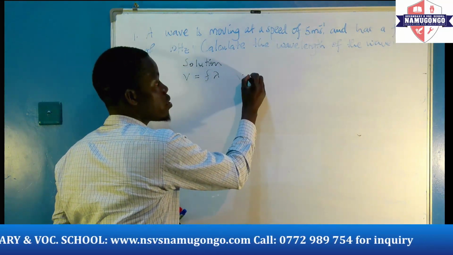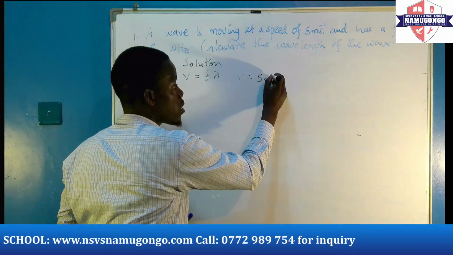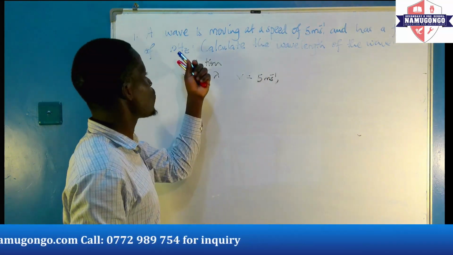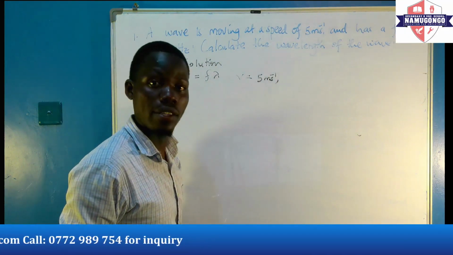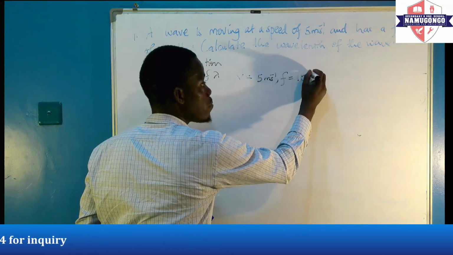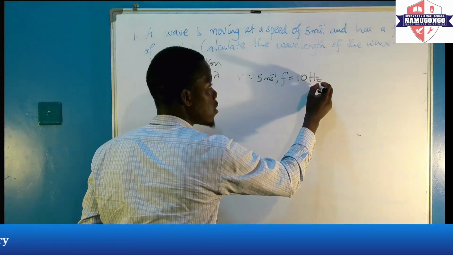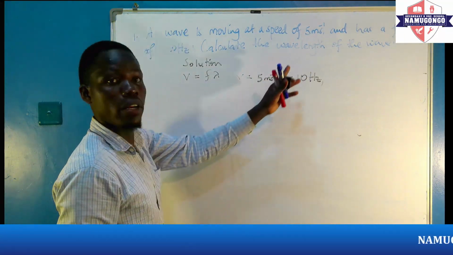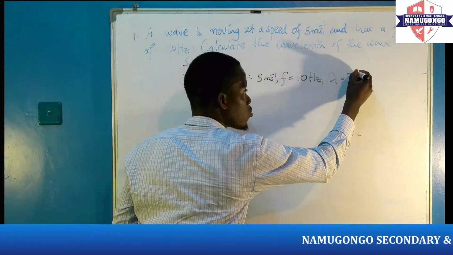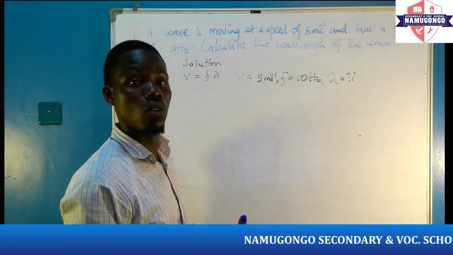So V is equal to 5 meters per second. And has a frequency of 10 hertz. So they have also given us frequency of 10 hertz. What do they want? They want the wavelength. So we want lambda, put our question marks because we don't know it.